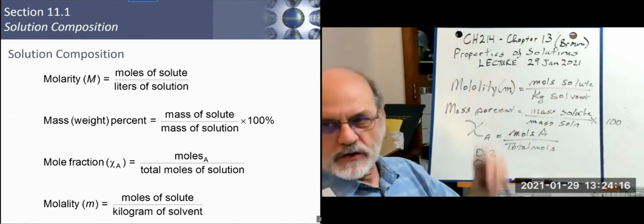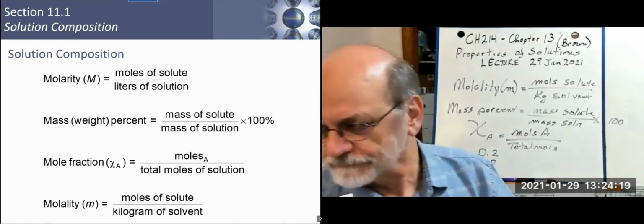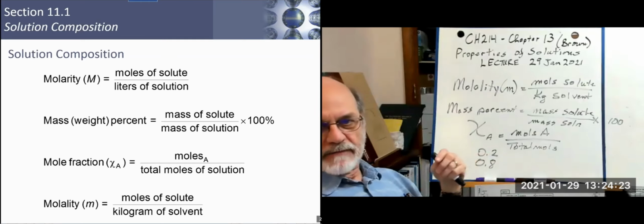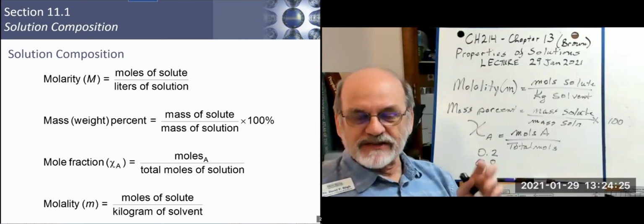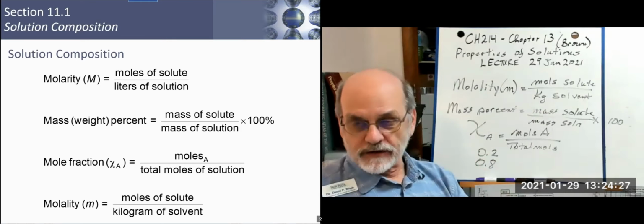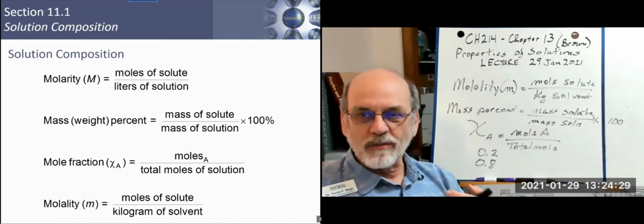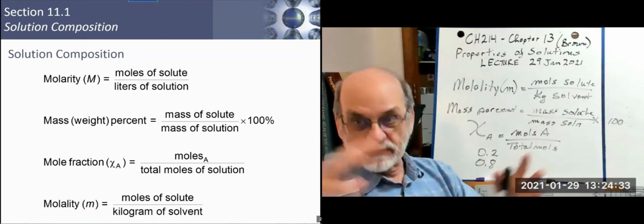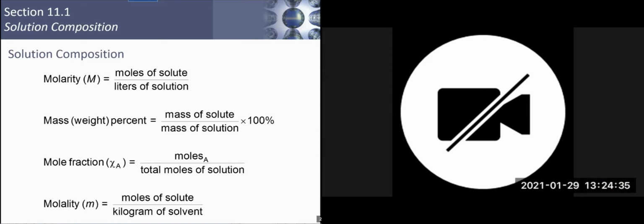Now, where would we need to use something like that? Notice that molarity is based upon volume of solution. And what do we know about liquids when you heat or cool them? They change volume. Right?